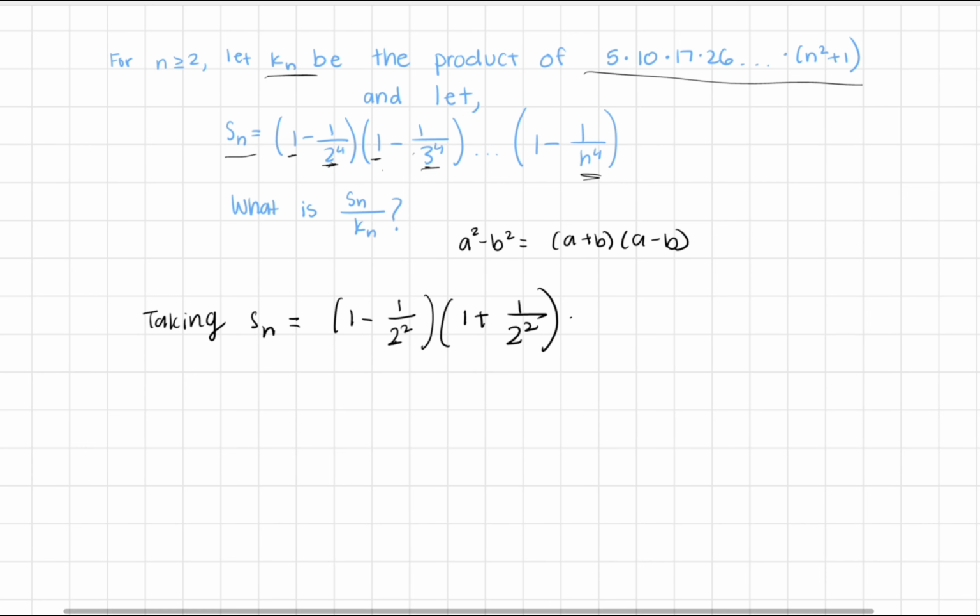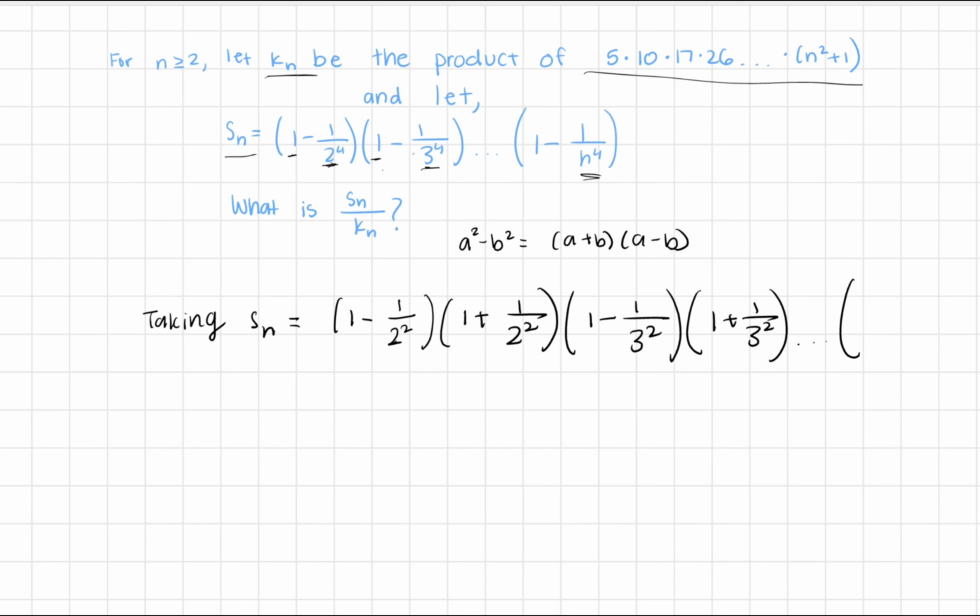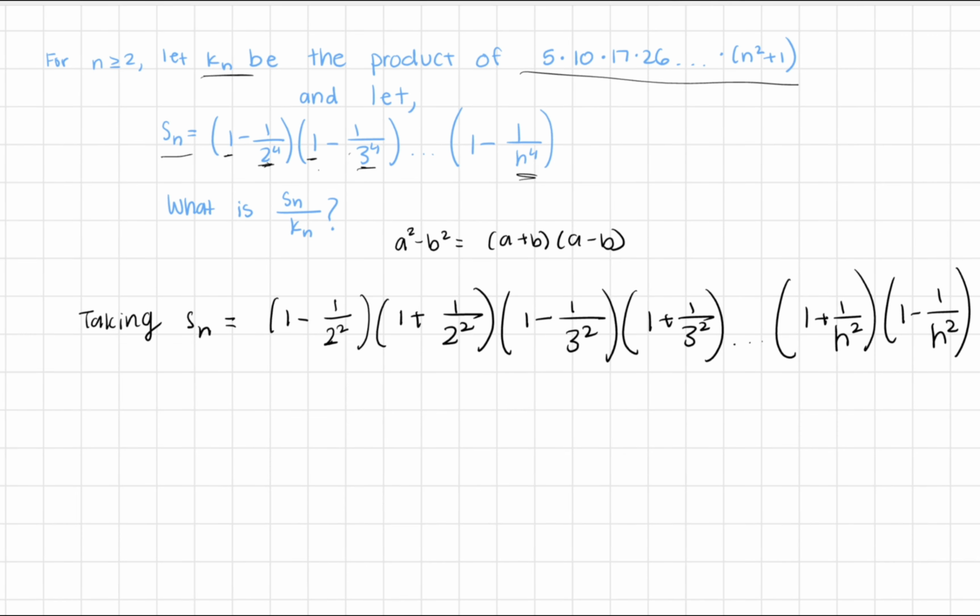Next, let's write this one over here: times (1 minus 1 over 3 squared) times (1 plus 1 over 3 squared). Then we have the dot, dot, dot, and we'll do that for the last term, which will be (1 plus 1 over n squared) times (1 minus 1 over n squared). Now we have simplified this using the difference of squares formula.